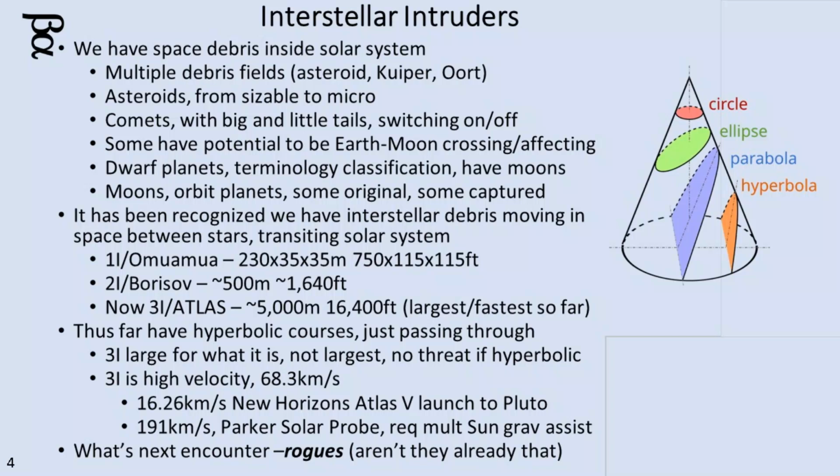Our solar system has multiple debris fields: the asteroid belt, the Kuiper belt, the Oort cloud, and we have asteroids that are either big things or microscopic things. And the big things can either be solid rock, solid metal, rocky metal, or they can be rubble piles, just things that are loosely held together by static electricity and gravity. You can have these things that are comets. They have ice on the surface.